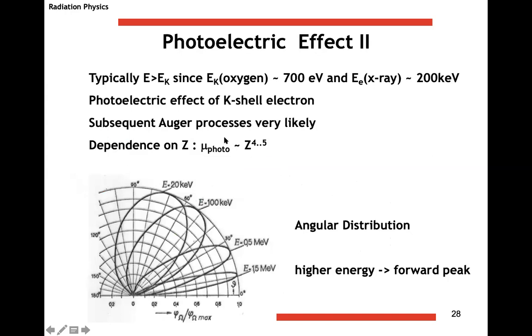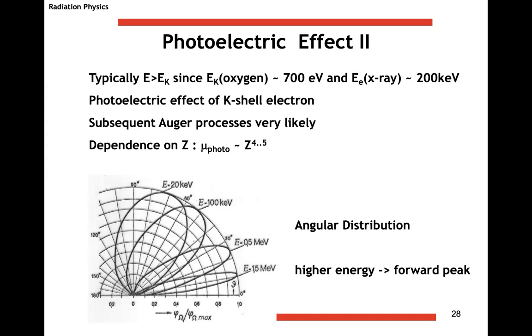This is the angular distribution of the photoelectric effect. You see that it's not symmetrical and depends very much on the energy. If you go to high energies, it will be pretty much forward. At high energy there will be a forward peak. And most important is the dependence on the atomic number of the target.